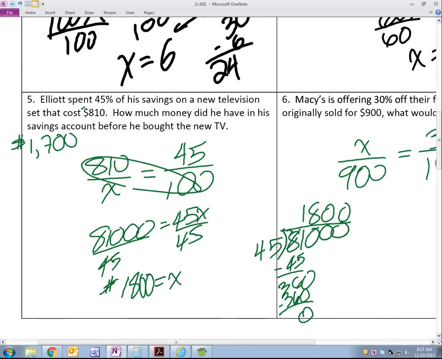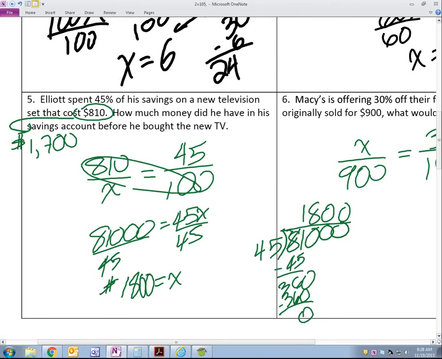Now, if you think of this, what would be half of $1,700? $850. $850 would be half of it.